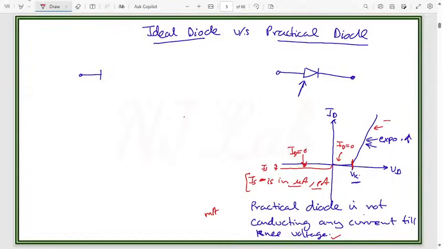Only after the knee voltage do we have current. We cannot assume it as zero, right? Now when we talk about the ideal diode, the symbol is the same. The only thing is we represent it as ideal.